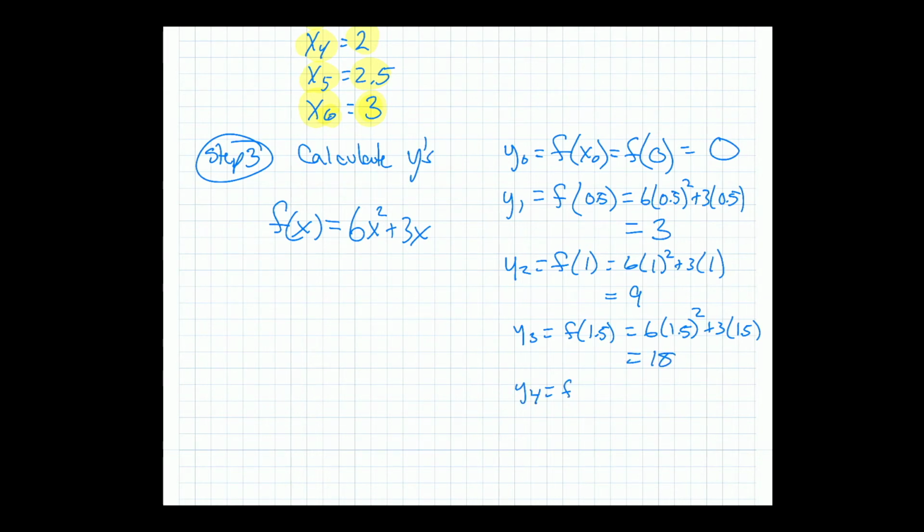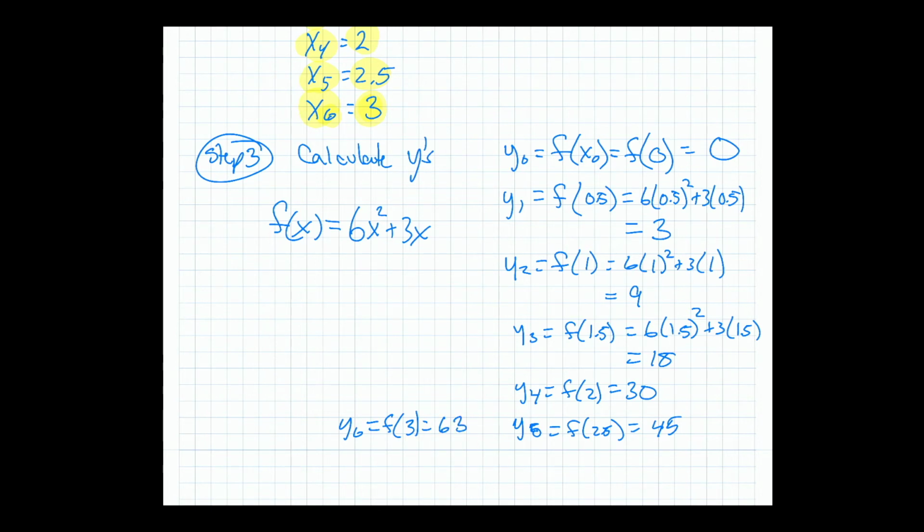Y4, f of 2, I'm just going to calculate them now instead of writing them all: 6 times 2 squared plus 3 times 2, 30. Y5 is f of 2.5. That's 45. And the last one, I don't have room there, so I'll write it here. Y6 is f of 3. So we got 6 times 3 squared plus 3 times 3, 63.